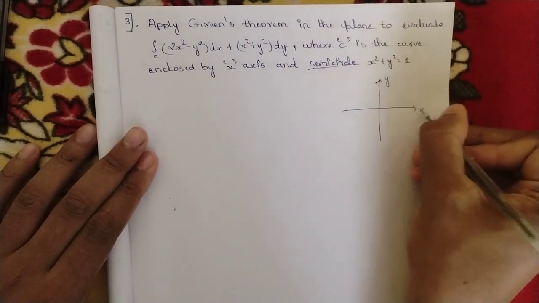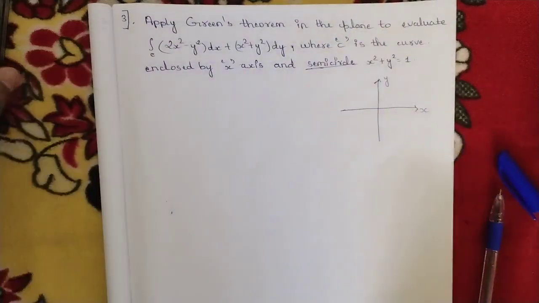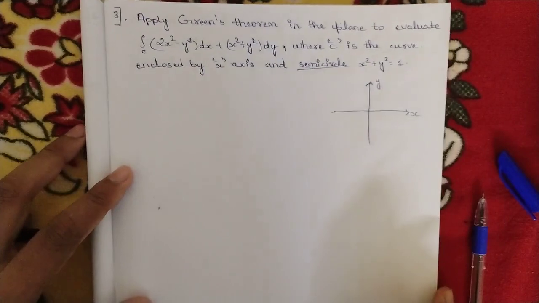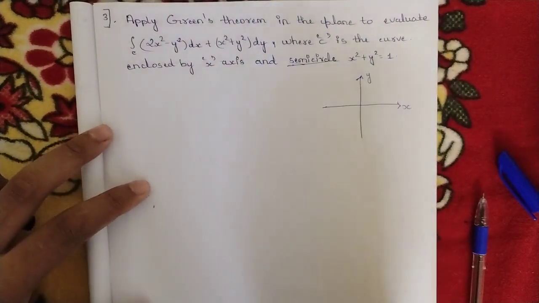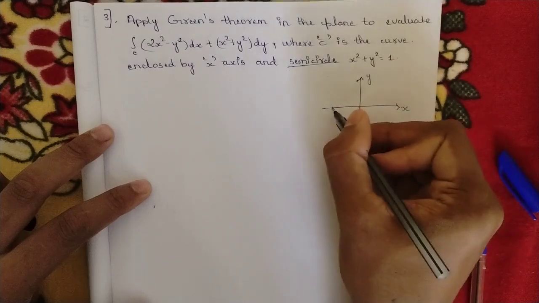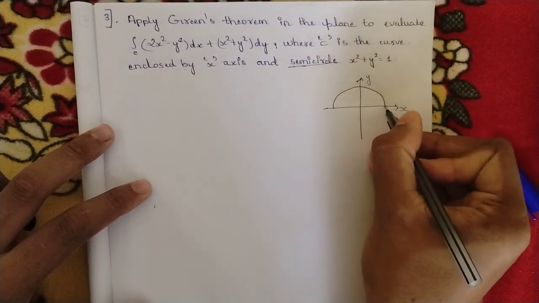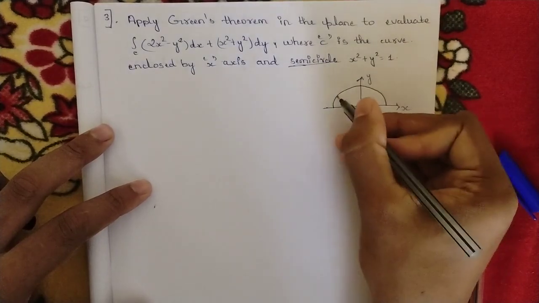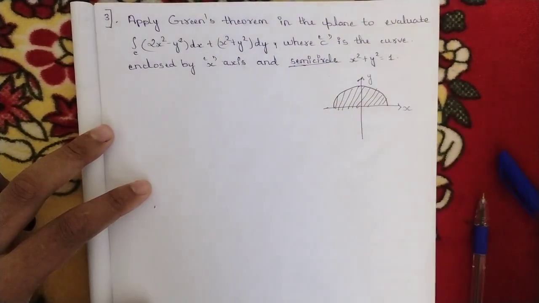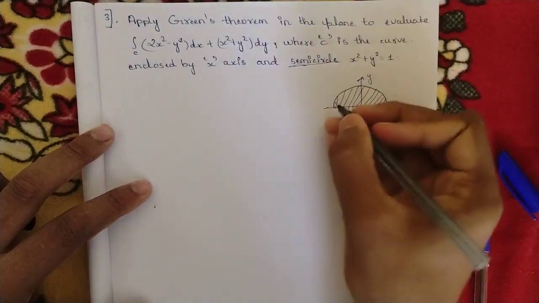Y-axis, x-axis. So they have told one semicircle enclosed by x-axis. That is, the semicircle should be drawn with respect to x-axis. Okay, not like this. Should be drawing the semicircle like this. Okay, so just shade this whole region because they haven't mentioned any other points. Mark some points here.